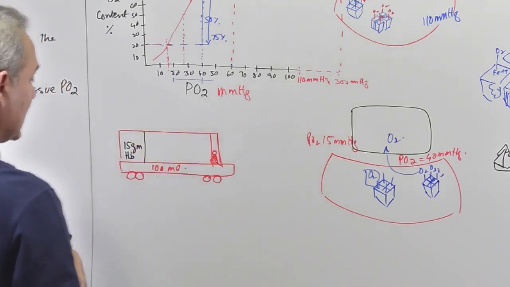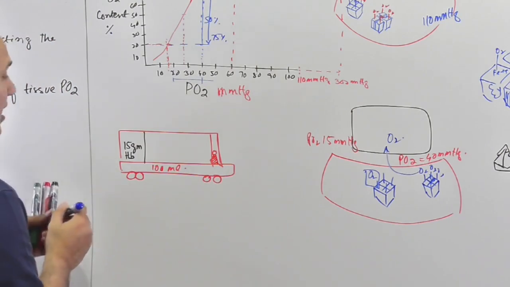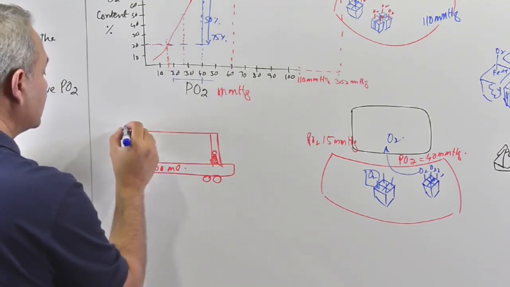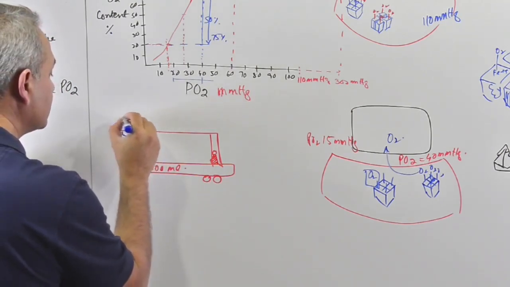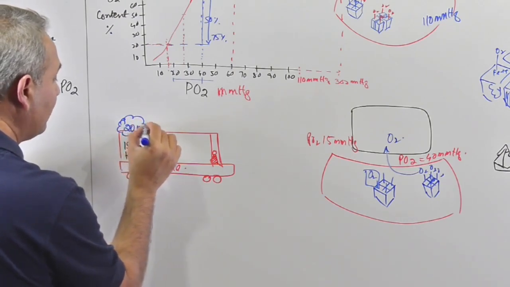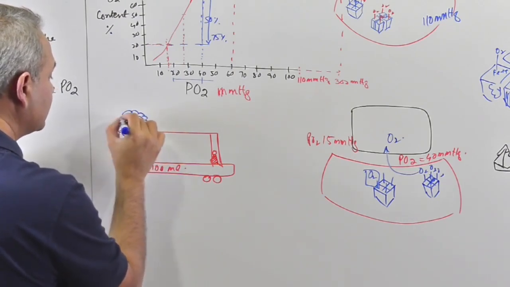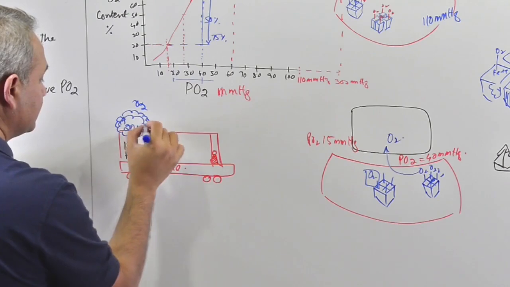This 15 gram of hemoglobin has about 20 milliliter of oxygen attached with it.